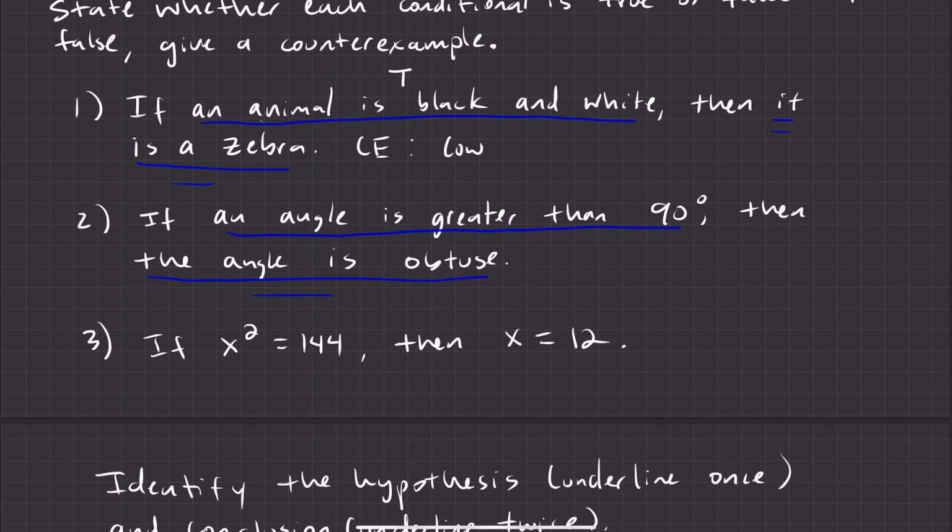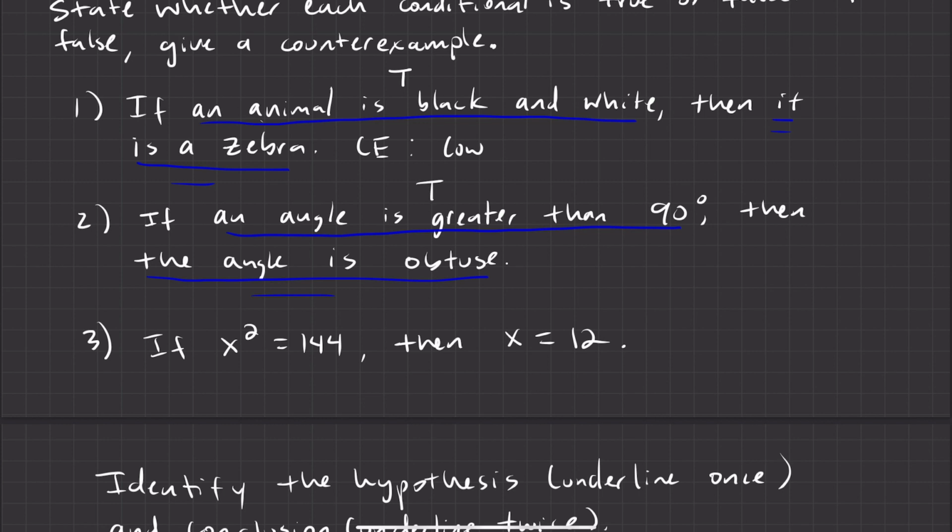So, if I take a look at the hypothesis here, can an angle be greater than 90 degrees? Like, in general. If I'm looking at this hypothesis, is this true? I am taking a look at if there's an existence of this. Yes, an angle can be greater than 90 degrees. So I can say true for the hypothesis.